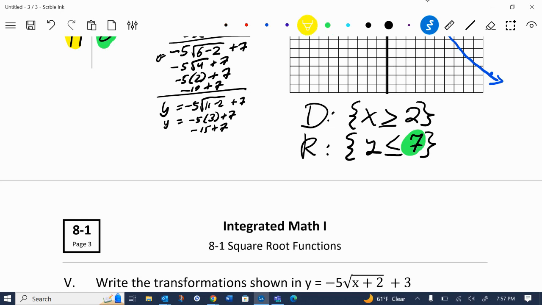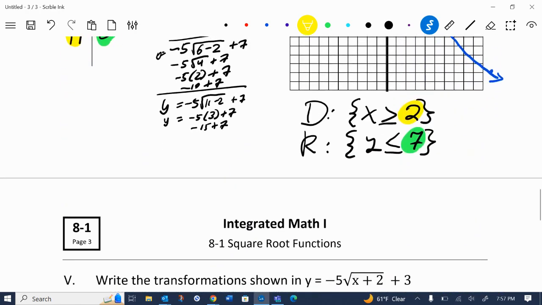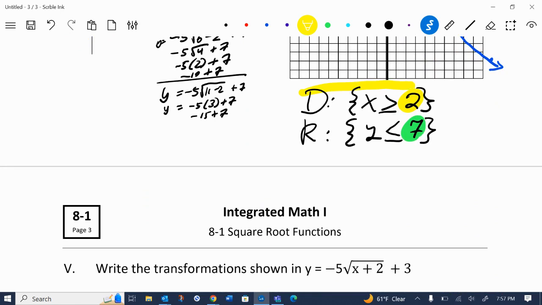And the number inside is still the opposite of that because it was minus 2 and we put a plus 2. So this is the domain, and this is the range. I think what we'll do is circle that one so we can see that those two numbers are still there, but this is the big difference for it here.